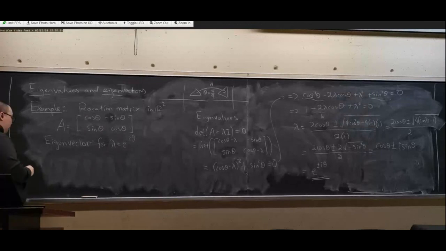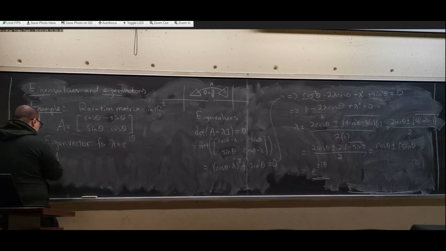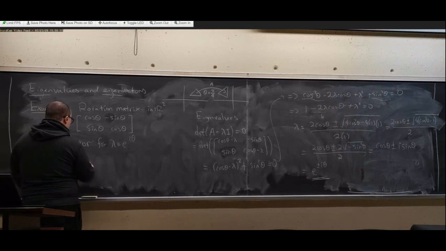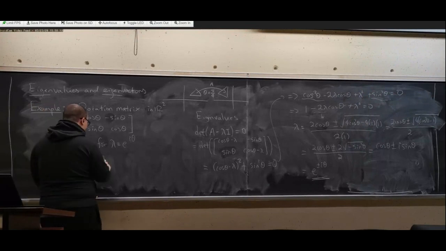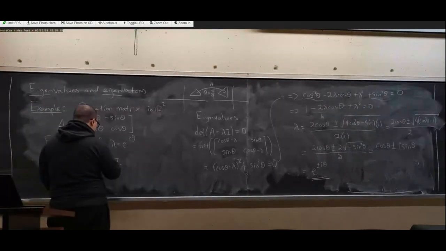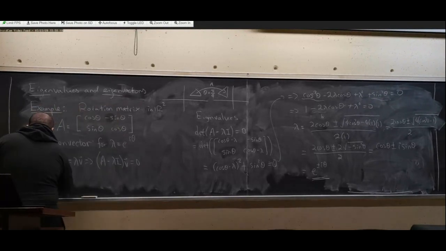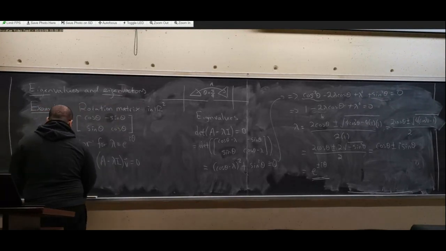Well, what is A again? What is the eigenvector again? Eigenvectors are all of the V such that A times V equals lambda times V, or another way of saying that would be A minus lambda I times V equals 0.